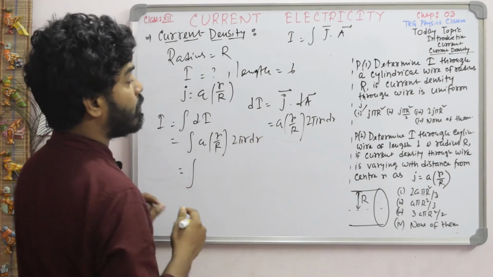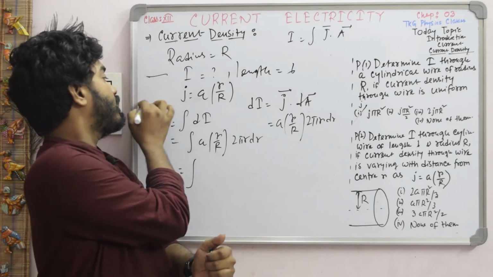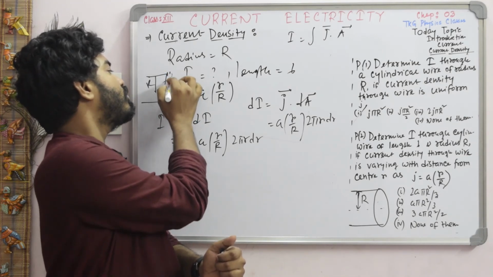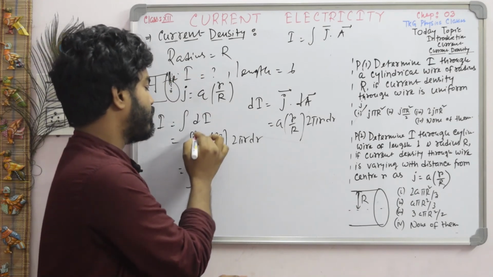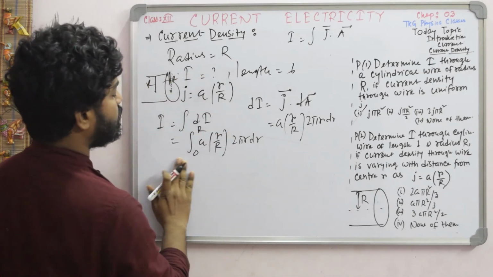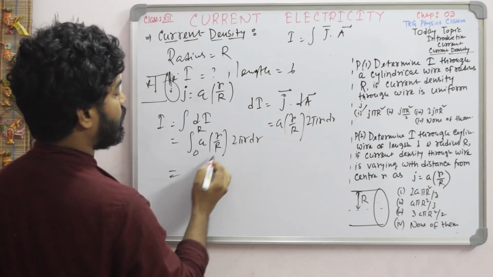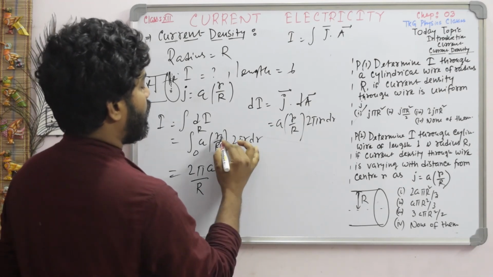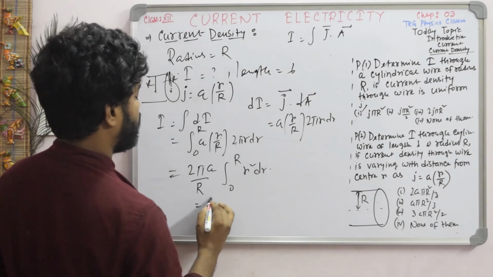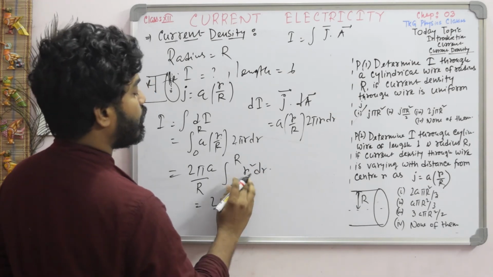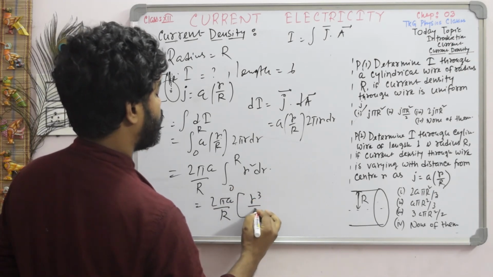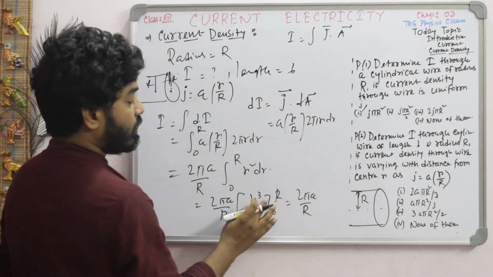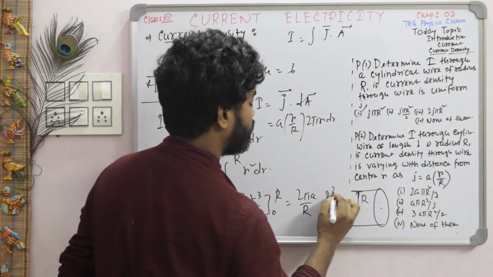And you know what will be the limit? The total radius, this one is given R. So when r increases from 0 to the total radius, the limit becomes 0 to R. So the constant part will be outside, A 2 pi, that is 2 pi A by capital R outside, integral from 0 to R of r square into dr. You know r square into dr integrates to r cube by 3, from 0 to R. So this becomes 2 pi A by R, in the place of r you write R cube by 3.